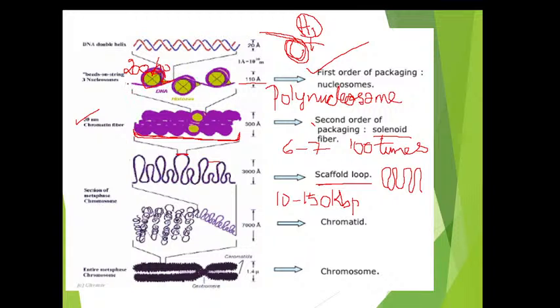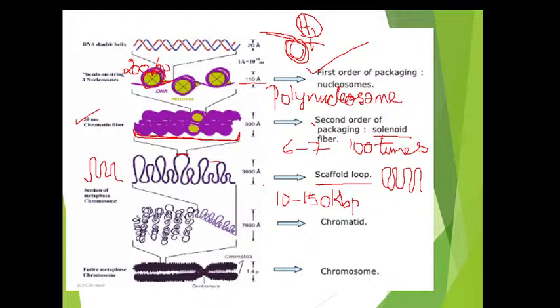So what happened? First the DNA was wound around the histone octamer, then that polynucleosome again underwent twist and turn, and took a structure called a solenoid-like structure. The solenoid underwent coiling or scaffolding to form a scaffold loop.